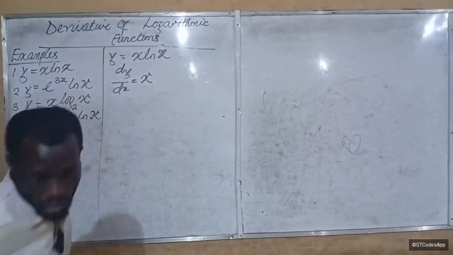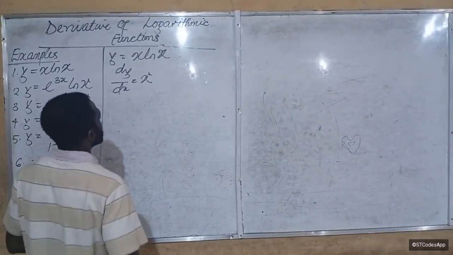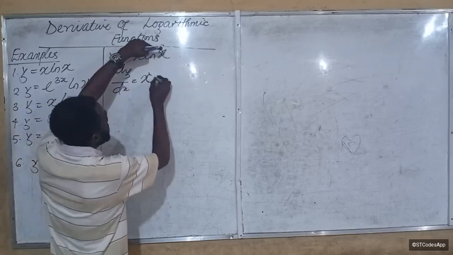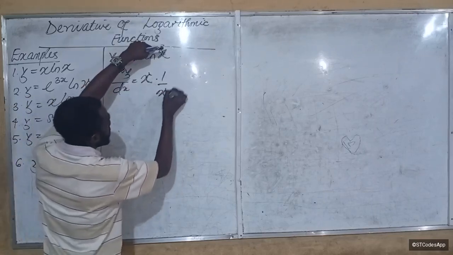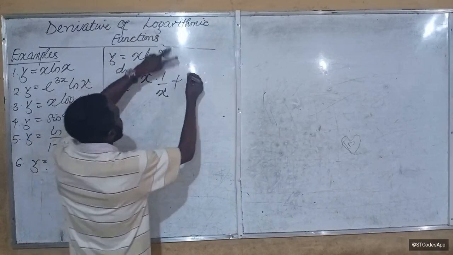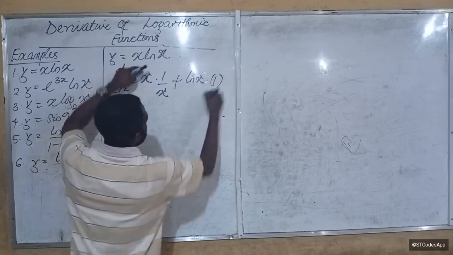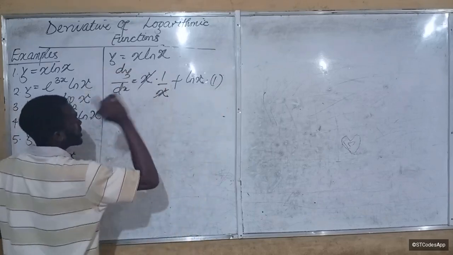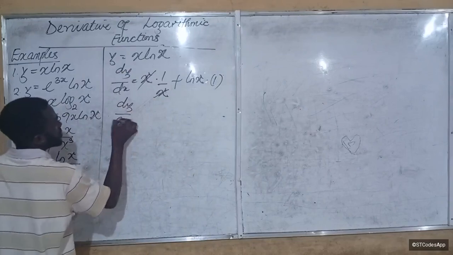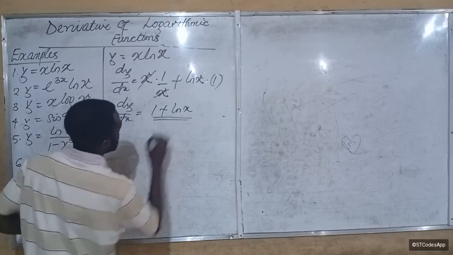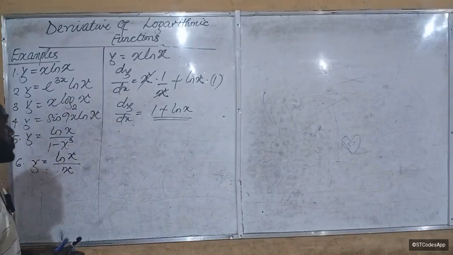So we have x times 1 over x, plus, now hold ln x and differentiate x, that will be times 1. This takes care of this and gives you 1, so dy dx will be equal to 1 plus ln x, and that will be our answer.